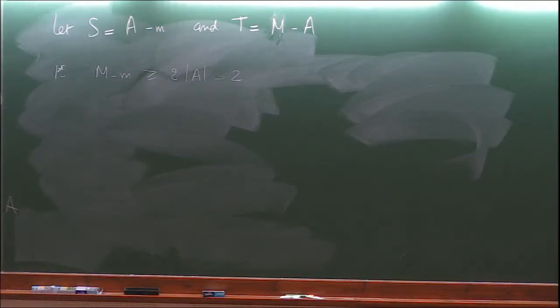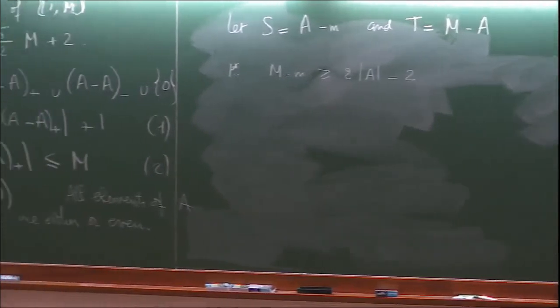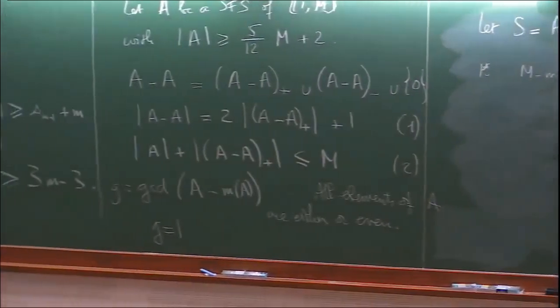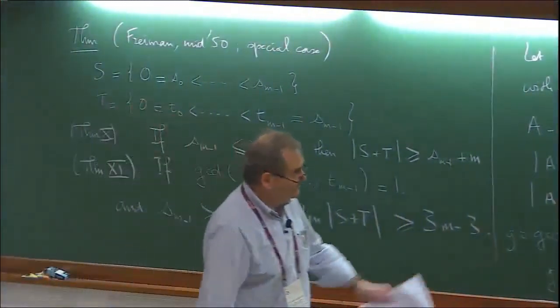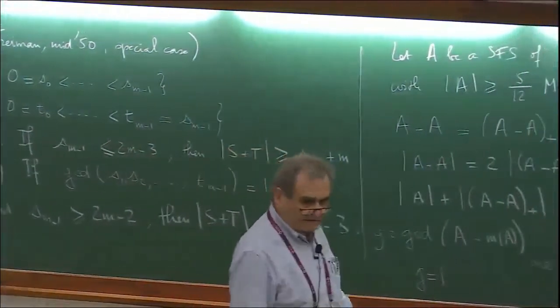So this is exactly the Theorem 11 we are going to use. Okay? We are saying exactly that capital M minus little m is larger than 2 times the cardinality of A minus 2. So this is exactly Theorem 11 now.